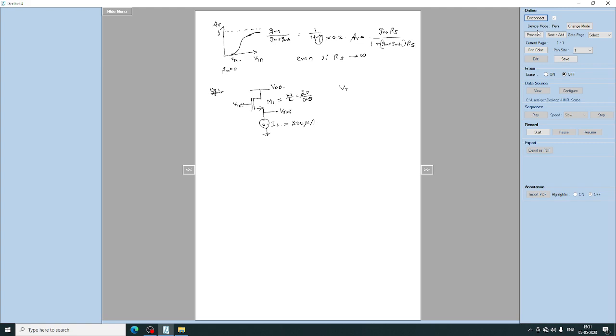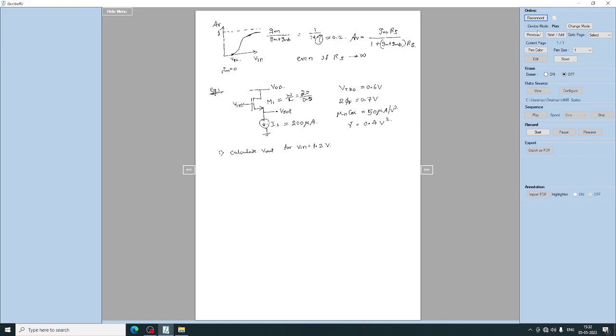The threshold voltage of transistor M1 happens to be 0.6 volt, and we have a few other specifications: 2 phi F to be 0.7 volt, mu n Cox to be 50 microamps per volt squared, and gamma as 0.4 square root volt. The first question here is to calculate Vout for Vin to be 1.2 volt.